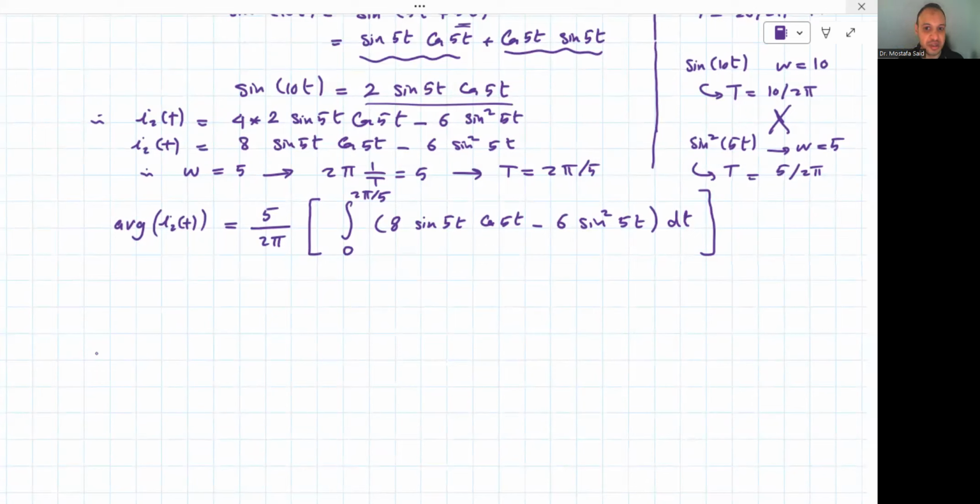Some of you will think, let's distribute the integral. So this will be the integral from 0 to 2 pi over 5 of 8 sine 5t cosine 5t, minus the integral from 0 to 2 pi over 5 of 6 sine square 5t. Yes, that's correct, and you could do this by yourself manually.